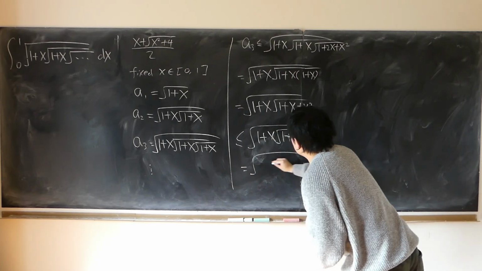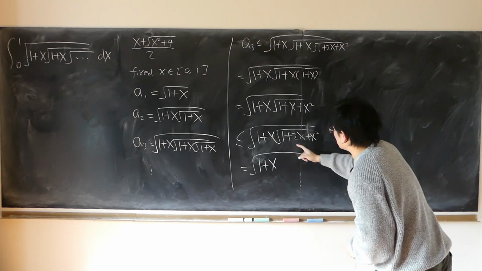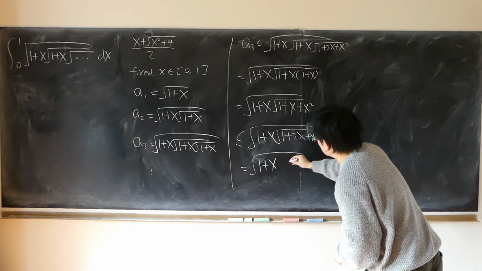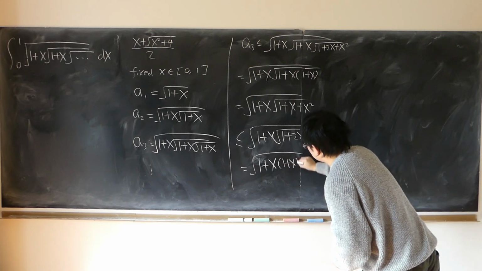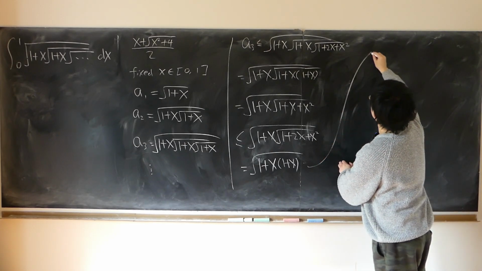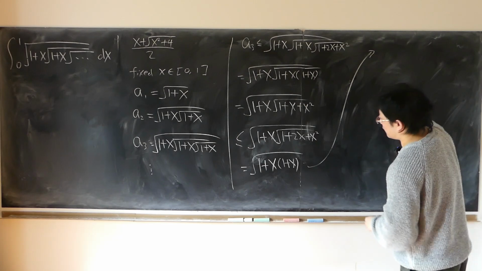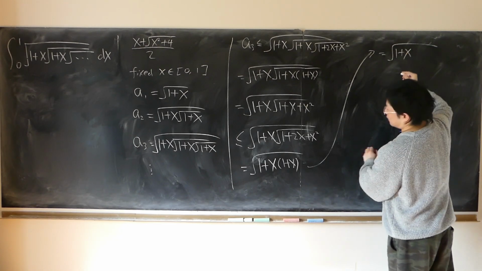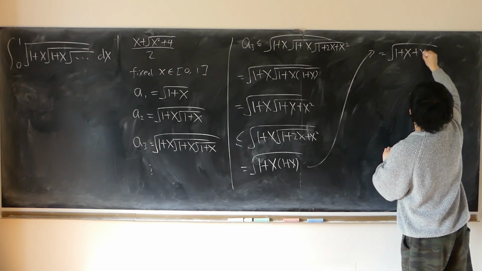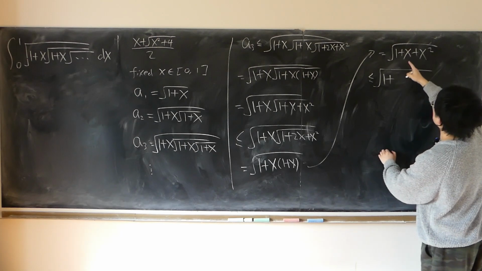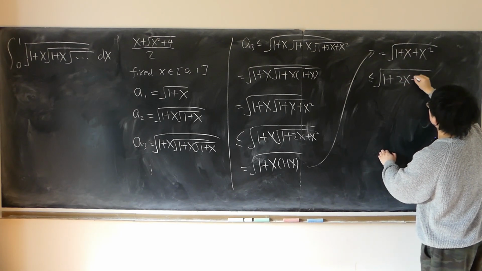So this is 1 plus x times this, again 1 plus x squared, square root, so 1 plus x. No problem. And so this is the square root of 1 plus x squared, no larger than 1 plus 2x plus x squared.